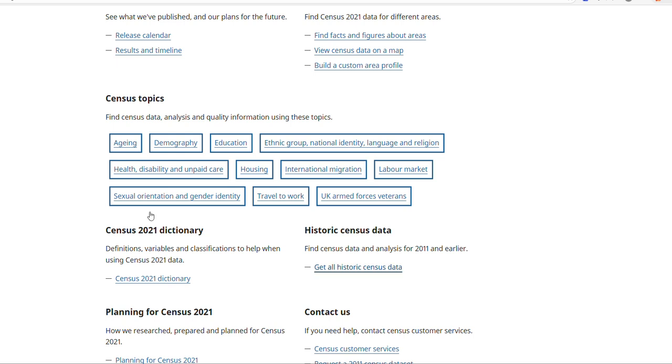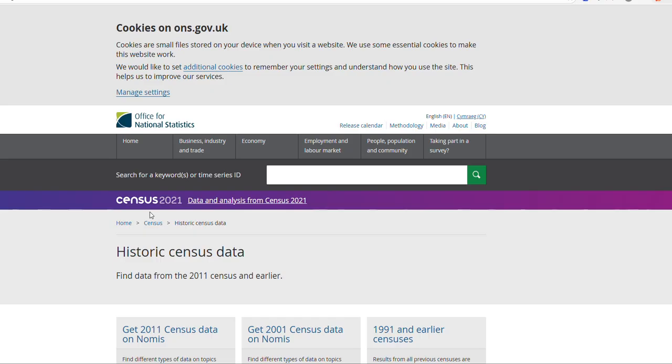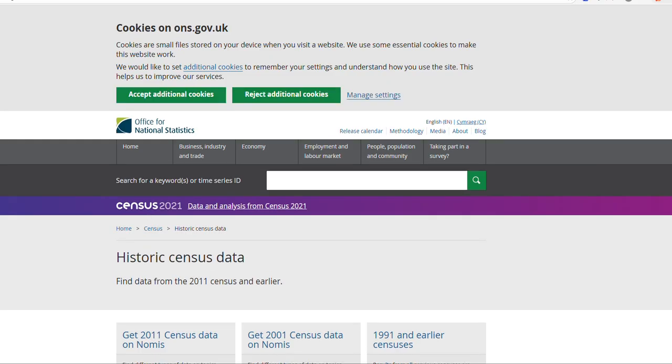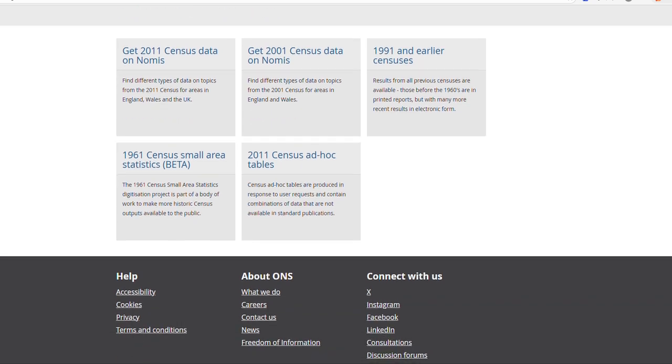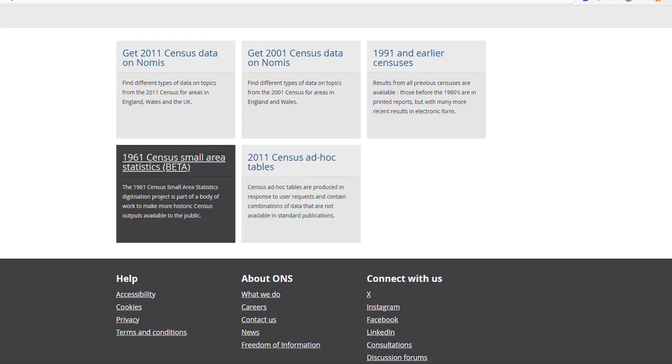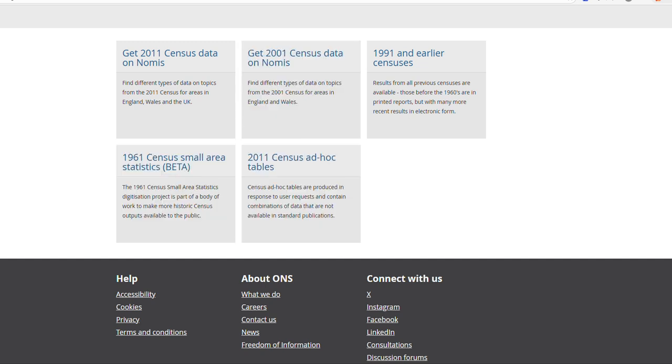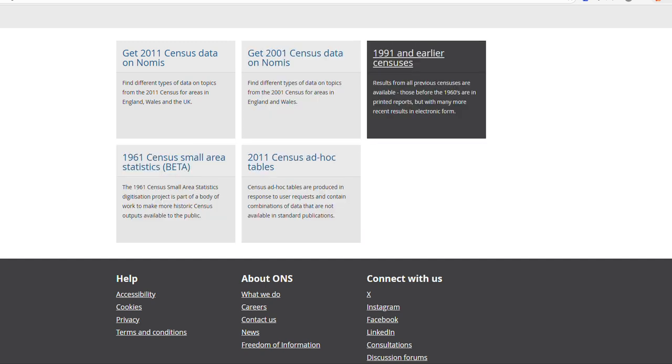Okay, so it's lots of things there, and it's very interesting actually. You can look at the historic census data and get data from 2011 and earlier, and this goes back a long way, and it's kind of nice to see how it's changing. Look, the 1961 census statistics, you can look at how it's changed between then and now, and it's quite an interesting read.